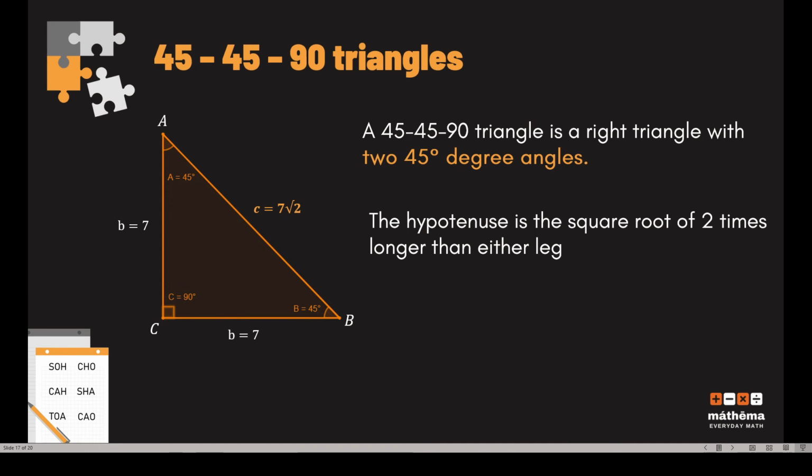All we have to do is the hypotenuse is equal to the side length times the square root of 2. If the legs are 3 and 3, C will be 3 times the square root of 2. So that is for 45-45-90 triangles.